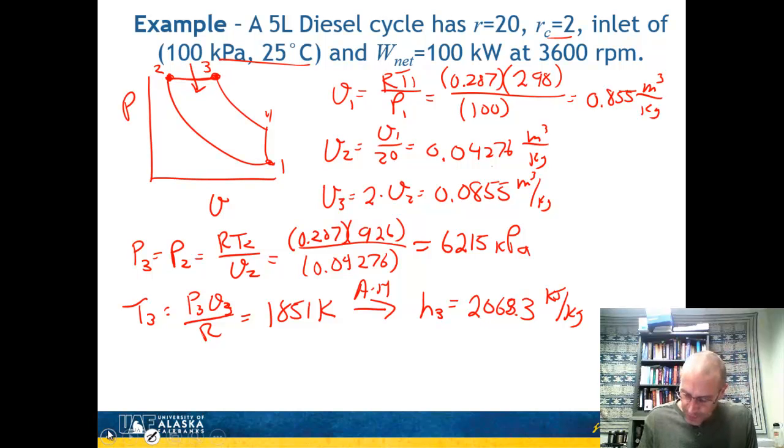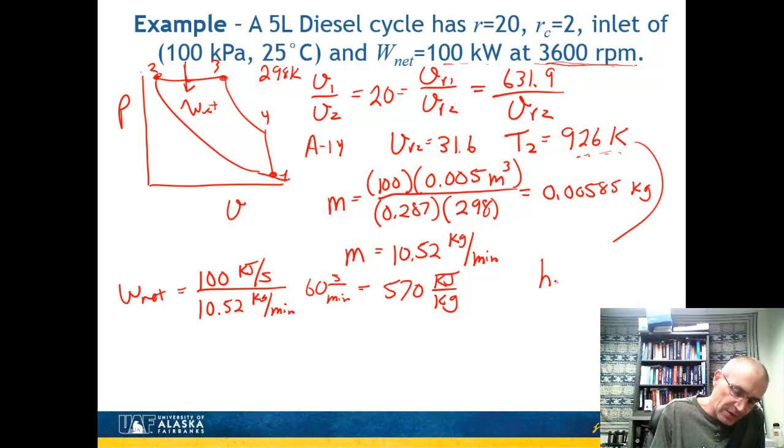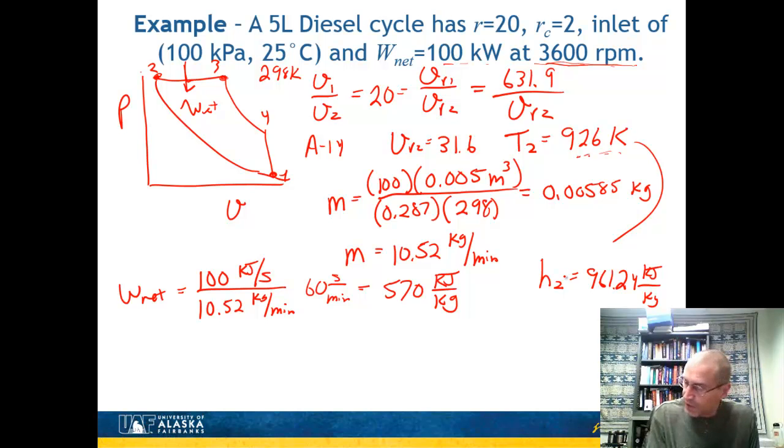And my Qn, if we go back before and we had our temperature at 926, we can use that to find our value of H2, again using the table A14, that is 961.24 kilojoules per kilogram. So now we've got all those values. Let's find out what Qn is.